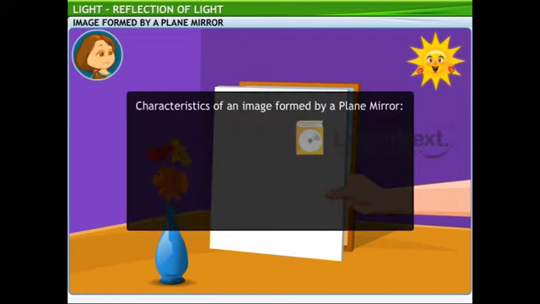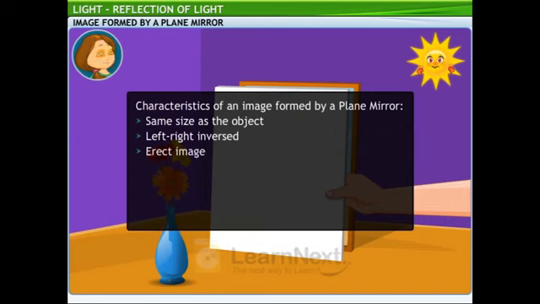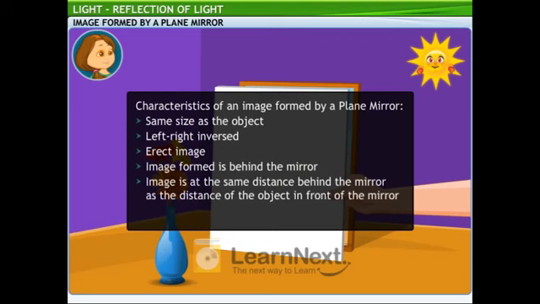So, you see, Susan, the image formed by a plane mirror is of the same size as that of the object. Left, right, inversed. Erect. Formed behind the mirror. Formed at the same distance behind the mirror as the distance of the object in front of the mirror.